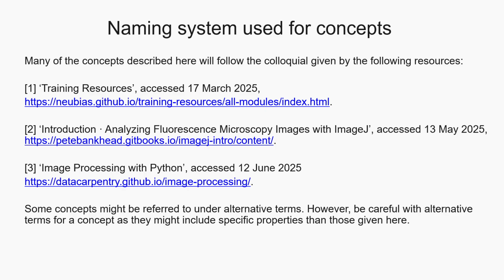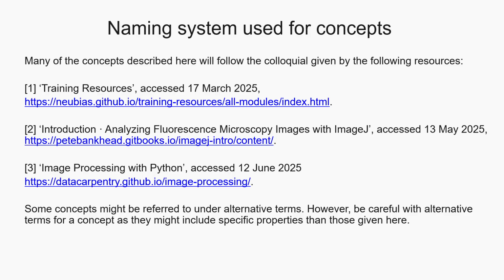The modules are named after concepts from 3 main resources. The first is from the Network of European Bioimage Analysts, who have a great website going through each of the terms from these modules. There is the book developed by Pete Bankhead, the developer of QuPath, on analyzing fluorescence microscopy images with ImageJ.